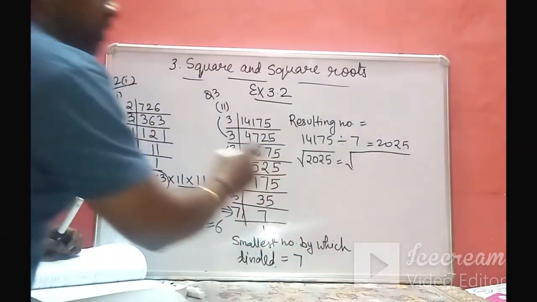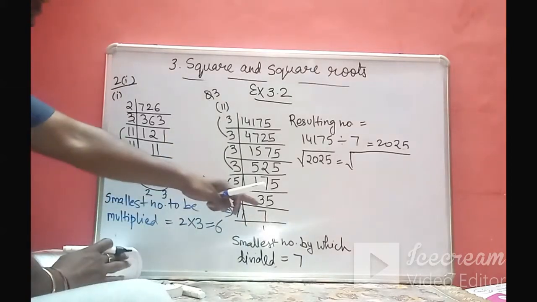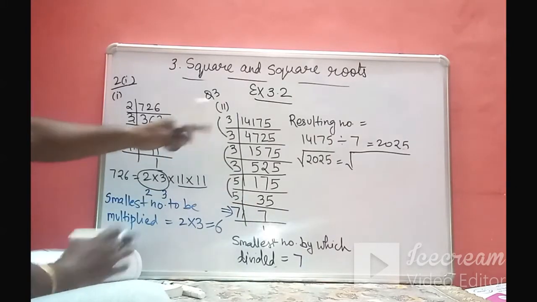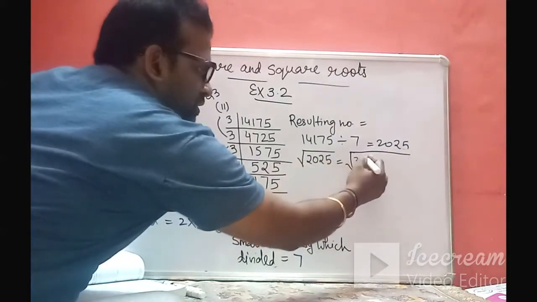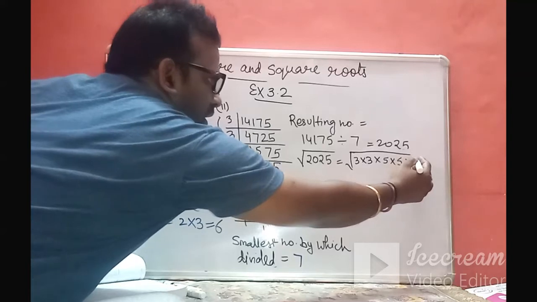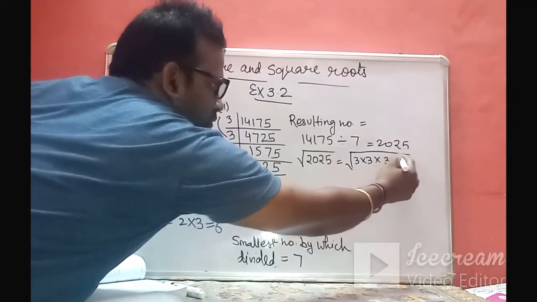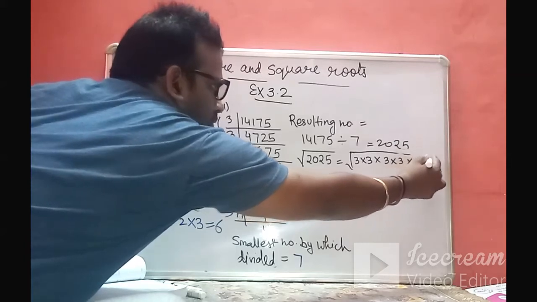Why? Because this new number will be obtained if this 7 will not be there. That means it will be having how much? This 3 is having 2 pairs. So 3 into 3 into 5 into 5.